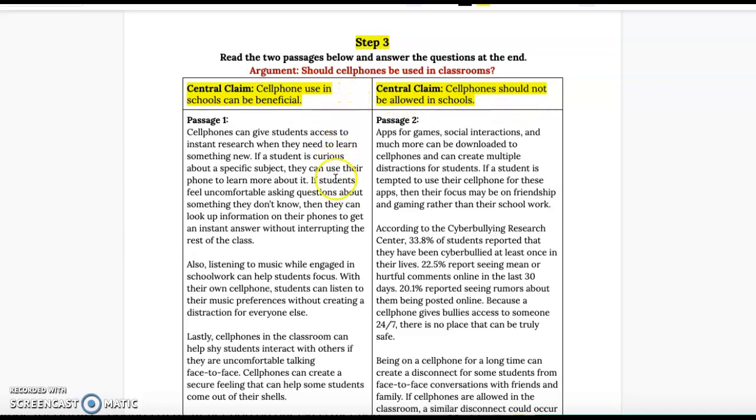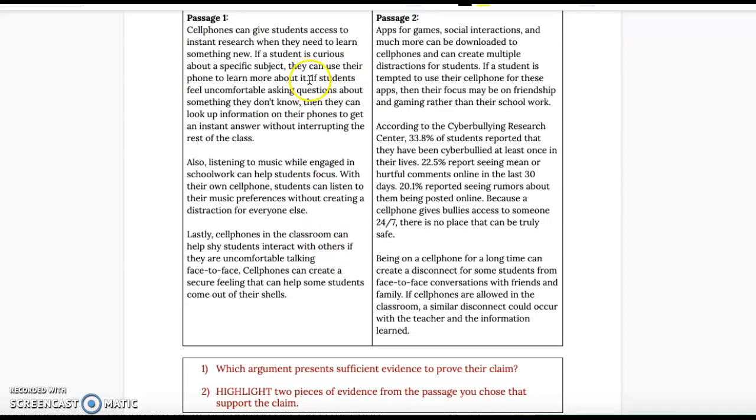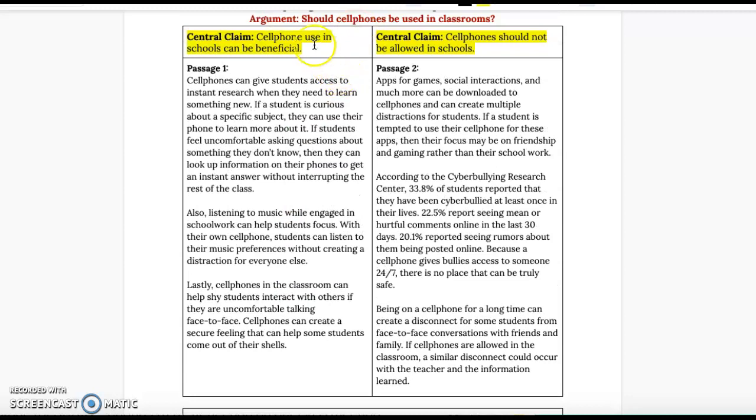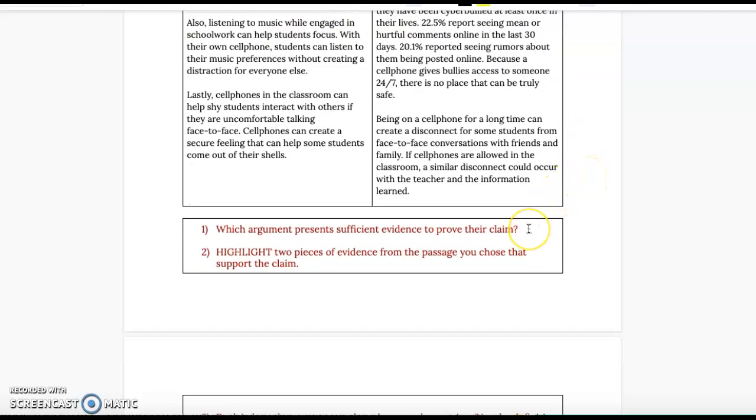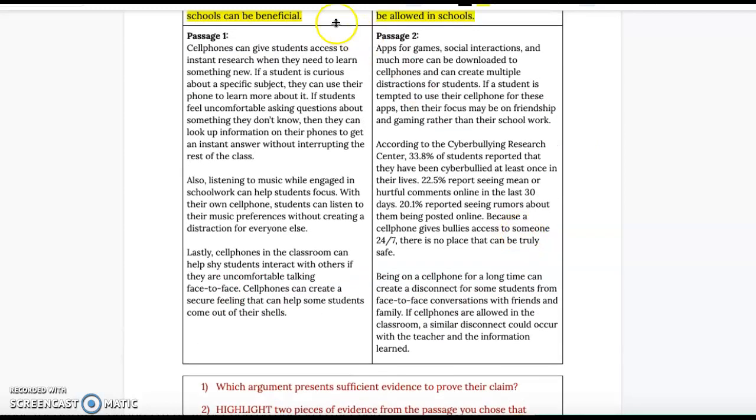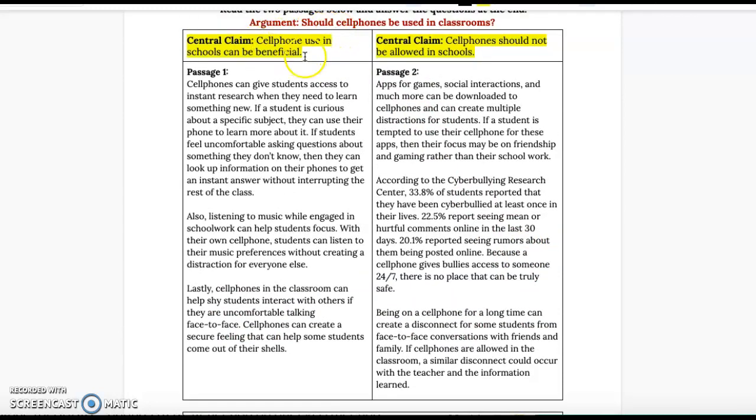What you're going to do is you're going to read the 3 reasons in this passage to support the yes side, and read the 3 reasons in this passage to support the no side. And then you're going to think, which argument do I feel presents sufficient evidence to prove the claim? Write down the claim that you feel has sufficient evidence, either the yes or the no side.